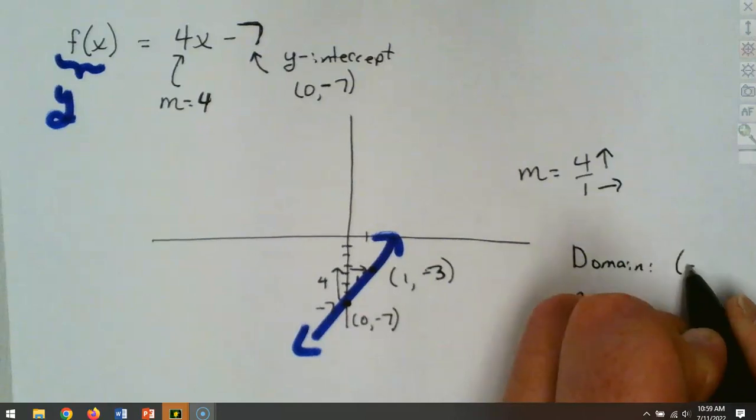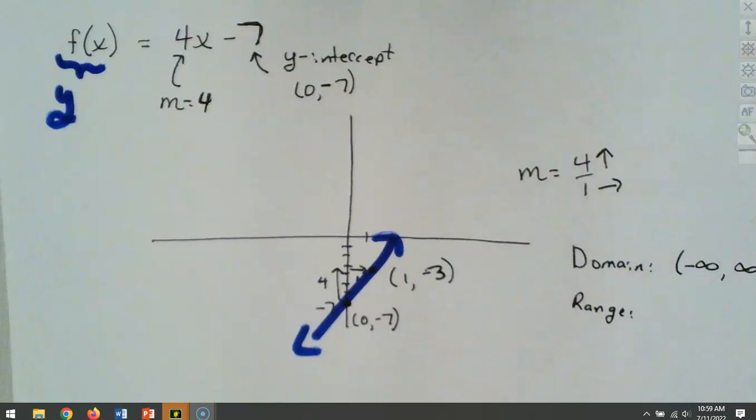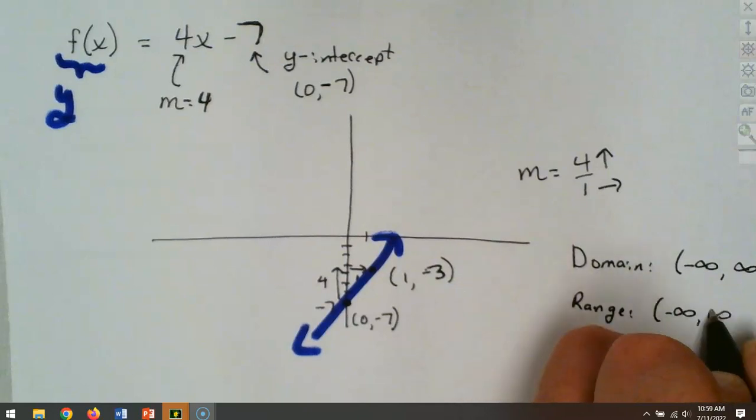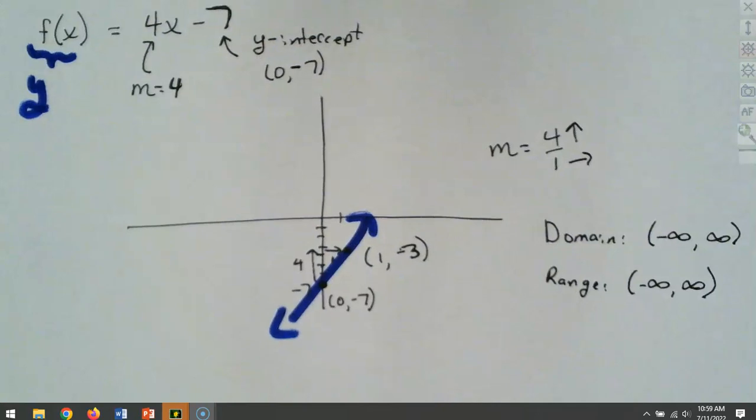So my domain would be negative to positive infinity. And what about the range? It goes up or it goes down. So it would also be negative to positive infinity, right? So domain and range are the same. And they're all going to be this way unless it's a constant function. And we'll talk about a constant function here in a moment.